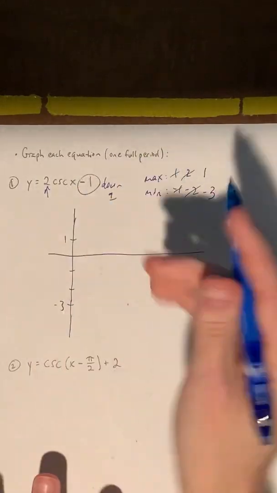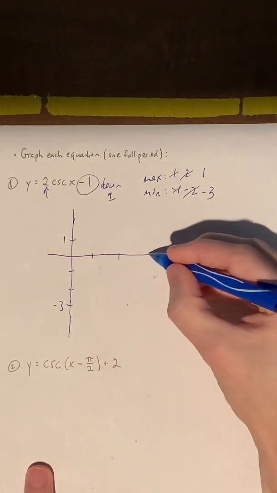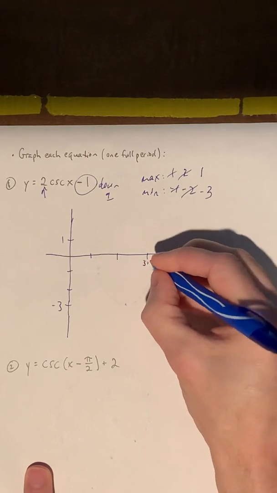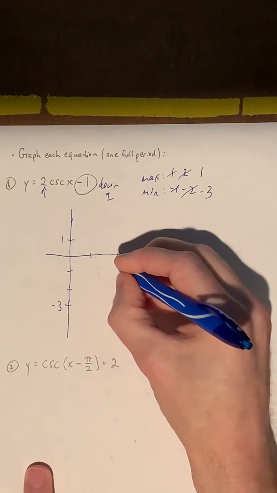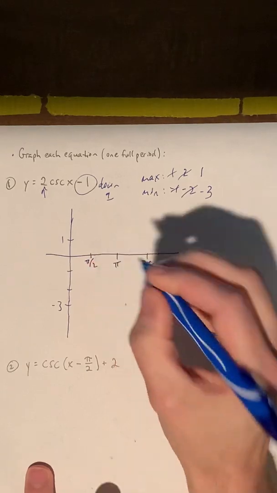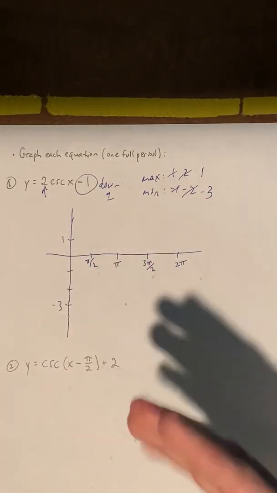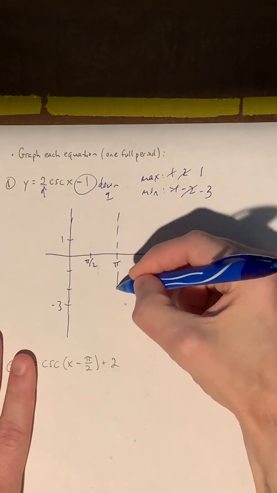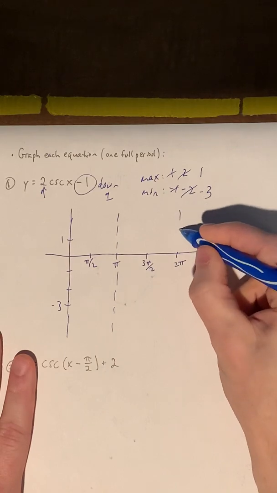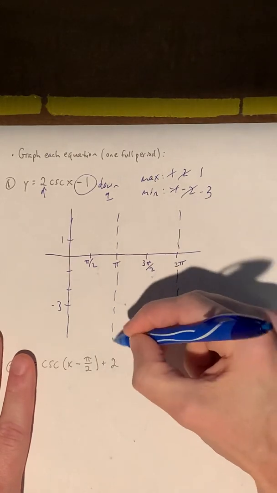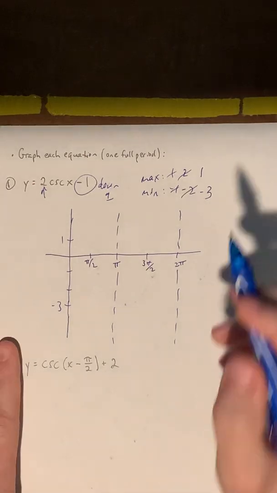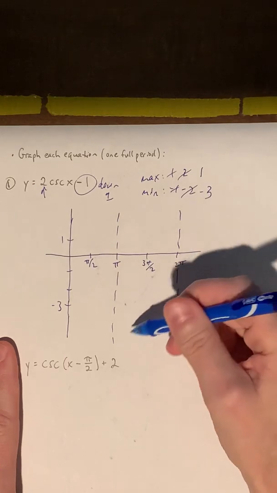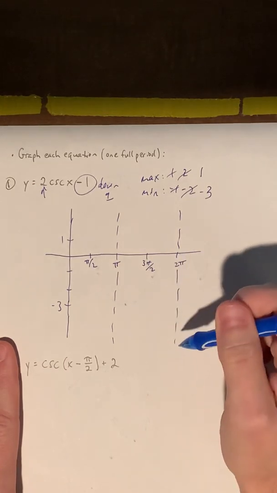And we don't have any left and right movement, so we can do our normal increments. Up to 2 pi. Now, since you don't shift left or right, the asymptotes stay the same spots. So you have an asymptote at pi and an asymptote at 2 pi. And you have one curve here between the first 2 asymptotes and one curve here between the second 2 asymptotes.